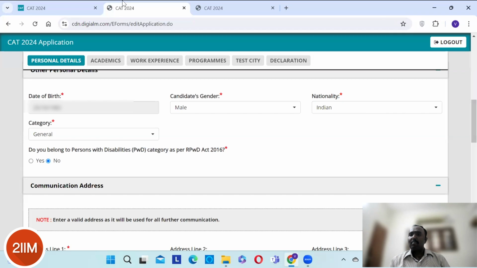Also, when you start the registration process, you need to have the 10th marks ready, 12th marks ready, and also the signature and your photograph.